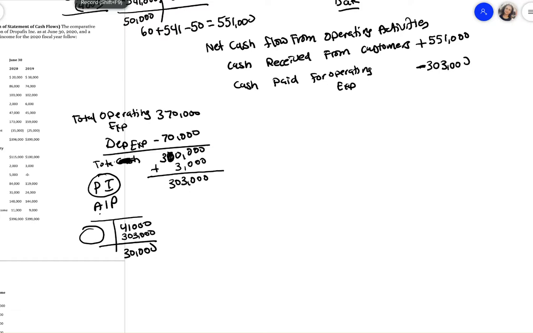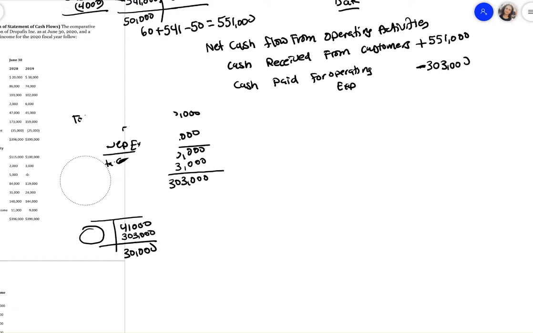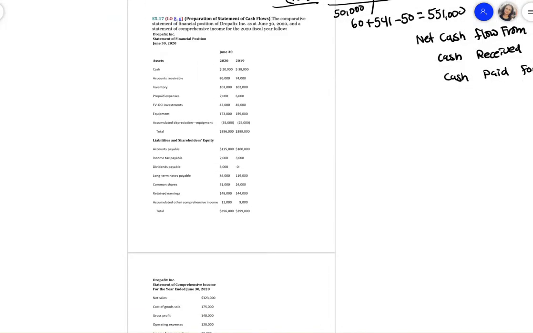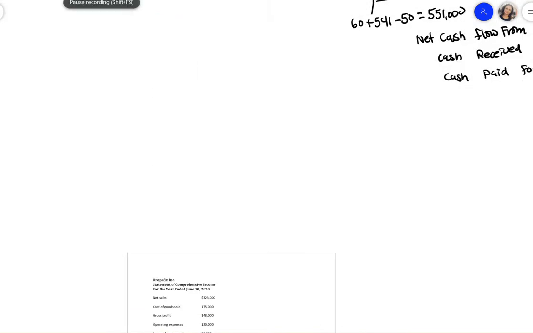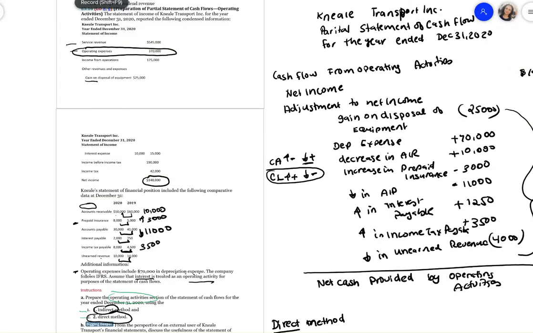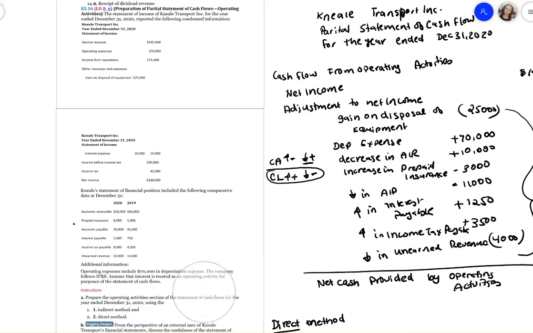The next one, we needed to go to our income statement to see what the next line is. The next one we're dealing with is gains and losses. The gains and losses are non-cash items, so if it's a non-cash item, we don't need to deal with it.